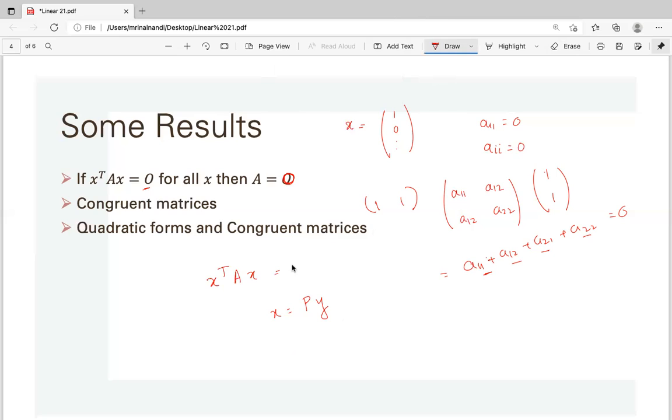In that case, you have y transpose P transpose A P y. Now, if P is a non-singular matrix, then from that you can find y also: y equal to P inverse x.